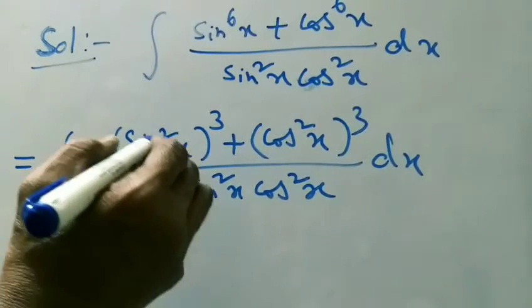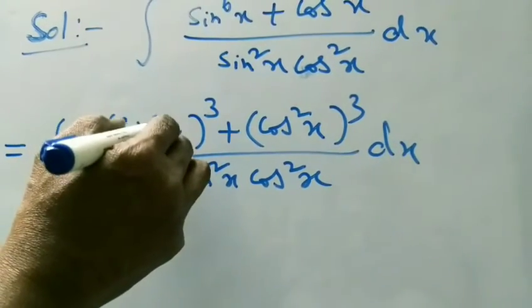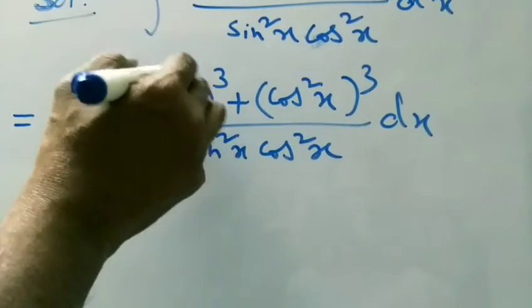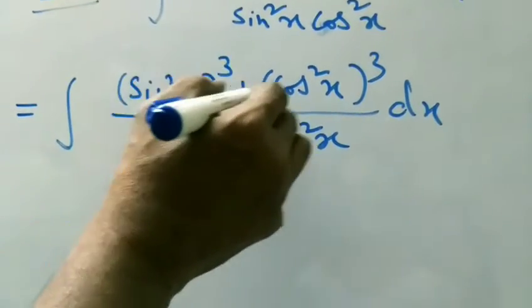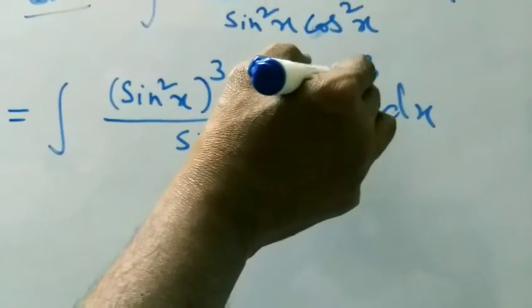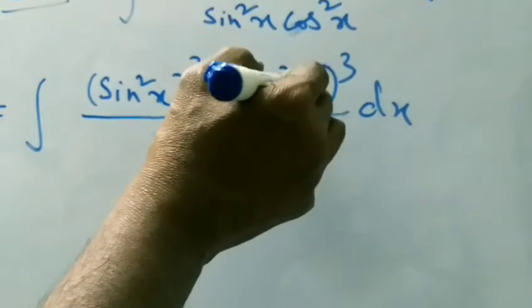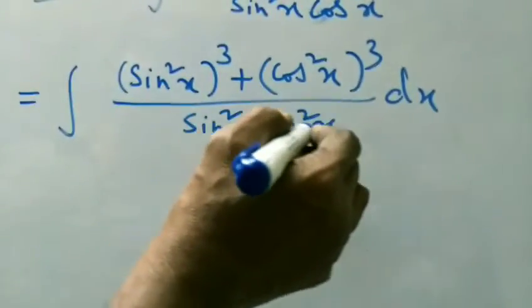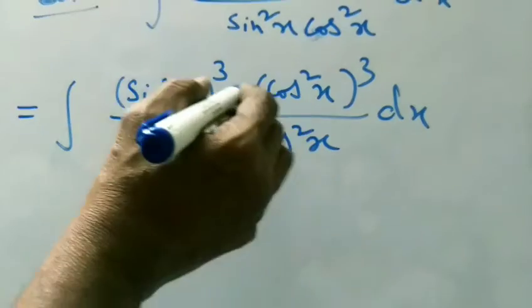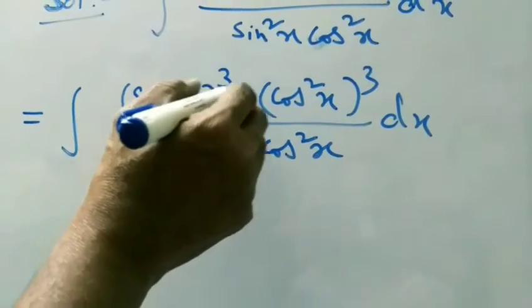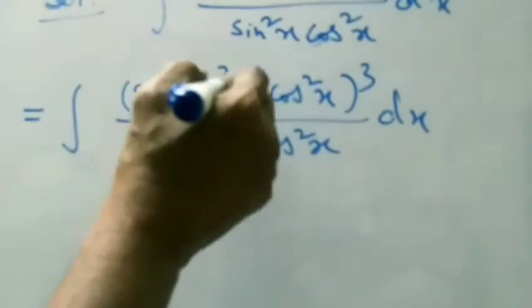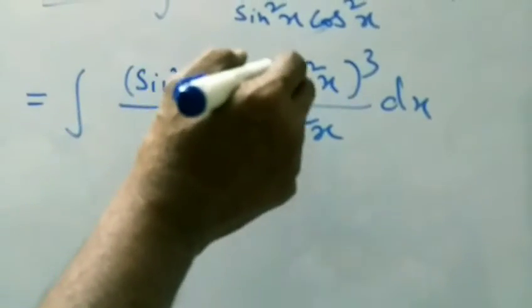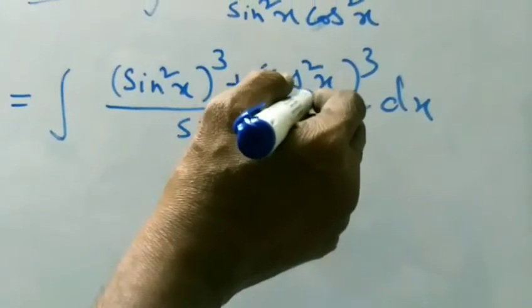That means sin square x whole to the power of 3 is sin to the power of 6x, and cos square x whole to the power of 3 is cos to the power of 6x. So it seems to be a cube plus b cube, where a is equal to sin square x and b is equal to cos square x.